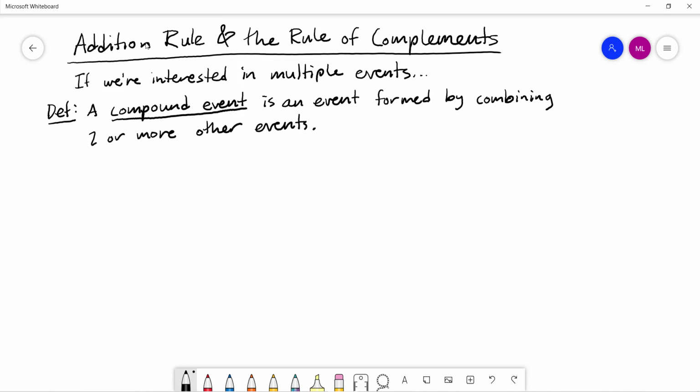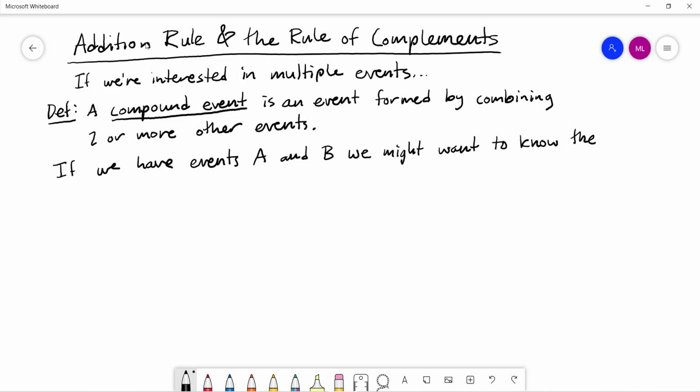So we'll have A and B. If we have events A and B, and we want to combine them in some way, we might want to know the probability that basically one or the other or both occurs. And we'd call this a compound event, A or B, basically.